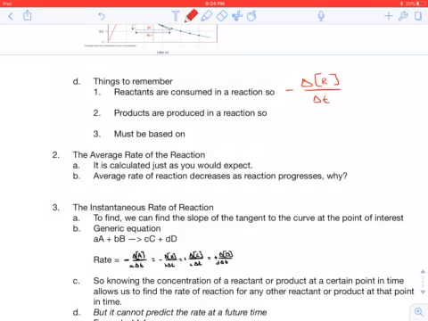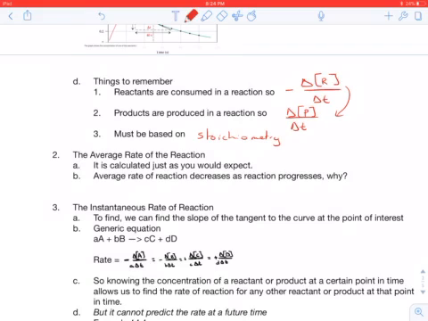Products are produced in a reaction, so we're just going to take delta of our products over delta t. And this must be based on stoichiometry. So we have to use stoichiometry for these rates to relate to each other.